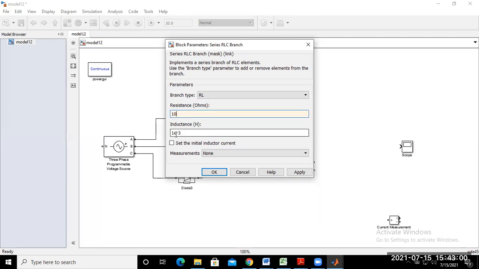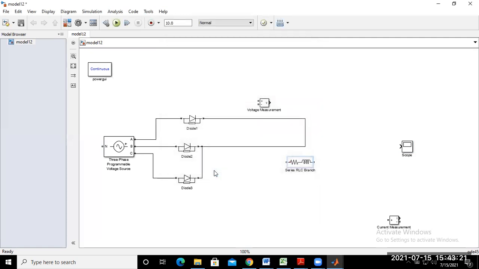And you put here inductance value in millihenry. If you do not put any value, then it takes the default value as 1 millihenry. So here the value may be 5 millihenry. So put here 5. So now you put here RL load where resistance value is 10 ohm and inductance value is 5 millihenry.